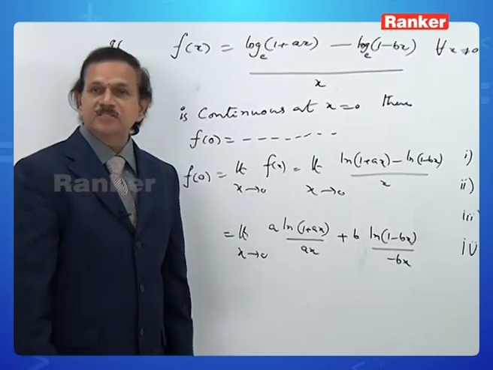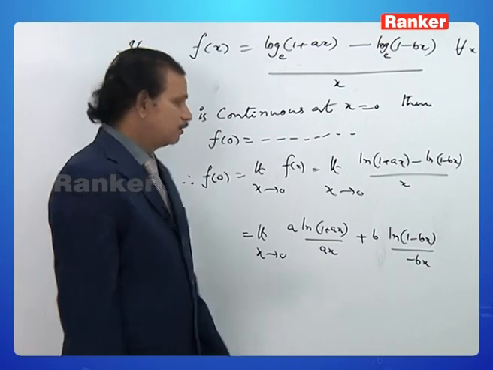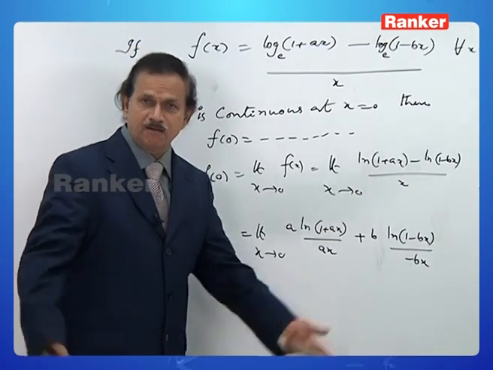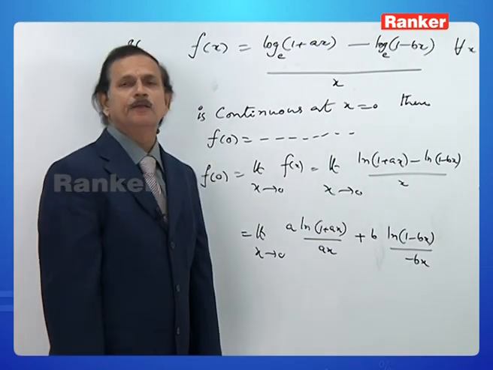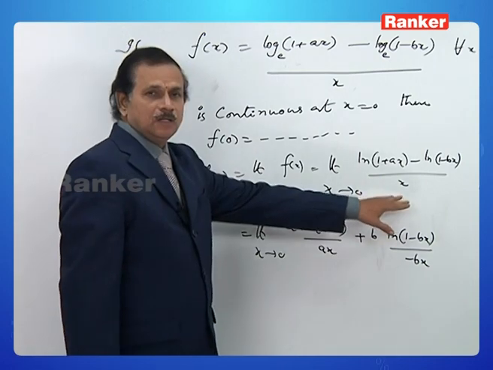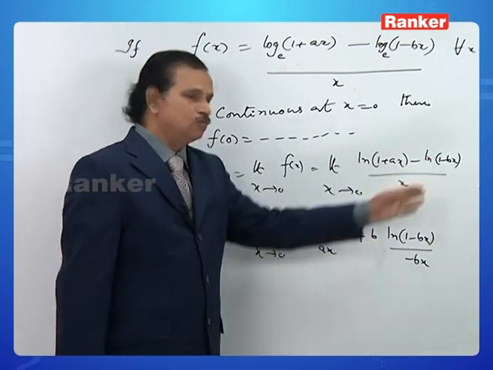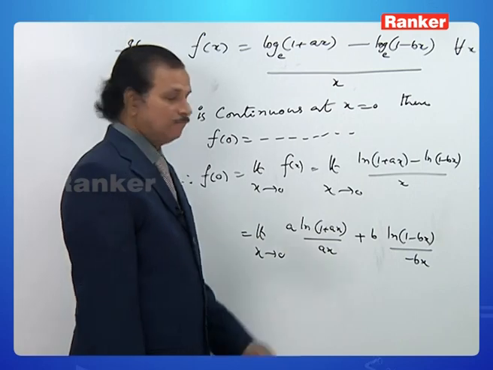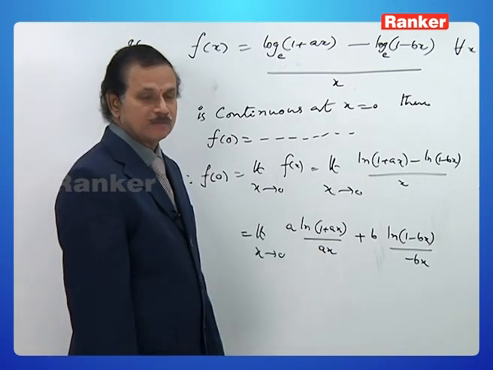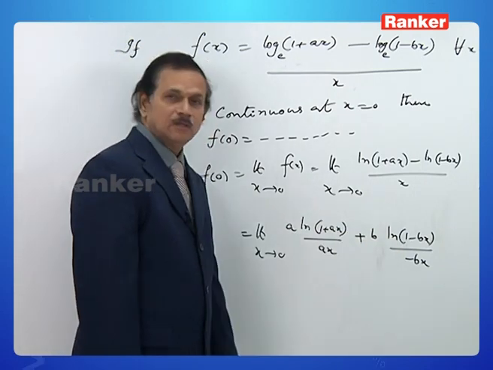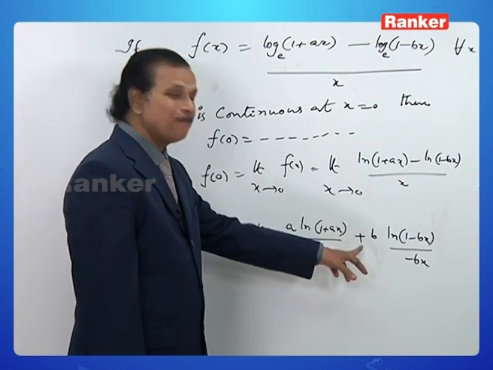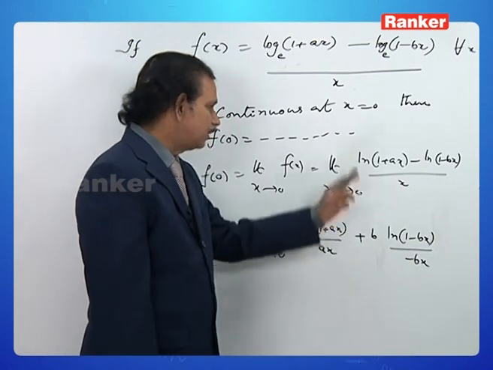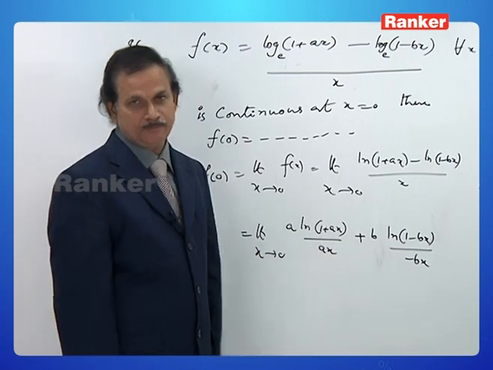Do you agree with that step? Is there any mistake? Does it make any harm to the step? No, not at all. This x can be distributed between these two. I have multiplied with a and I divided with a. Similarly, b and b. Why has this become plus? Plus into minus, minus. So no problem.